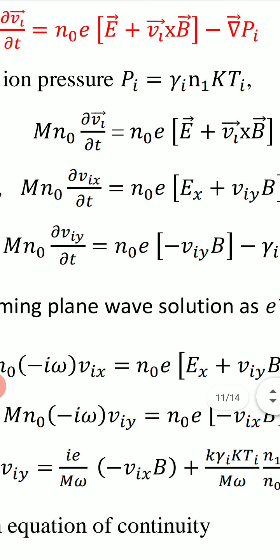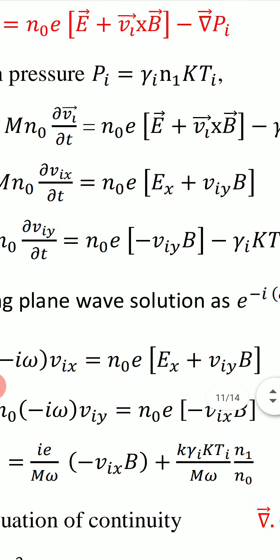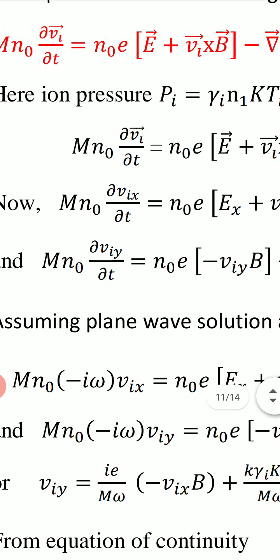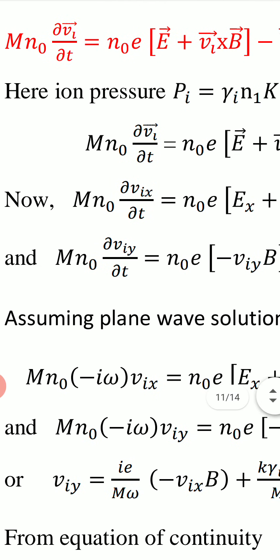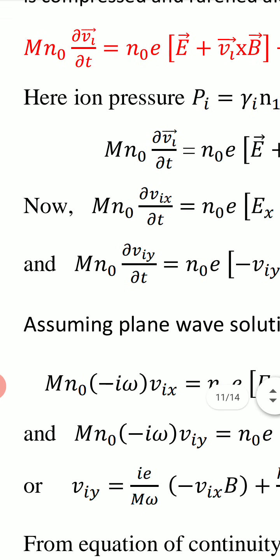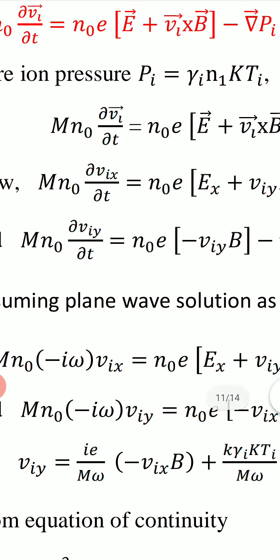In this term Pi, which is ion pressure, it is equal to gamma I N1 K Ti. Gamma I is constant for ion, K is Boltzmann constant, Ti is ion temperature, and N1 is number of ions. It is the change in number of ions per unit volume. N0 is number of ions per unit volume, and N1 is a small change produced in it.